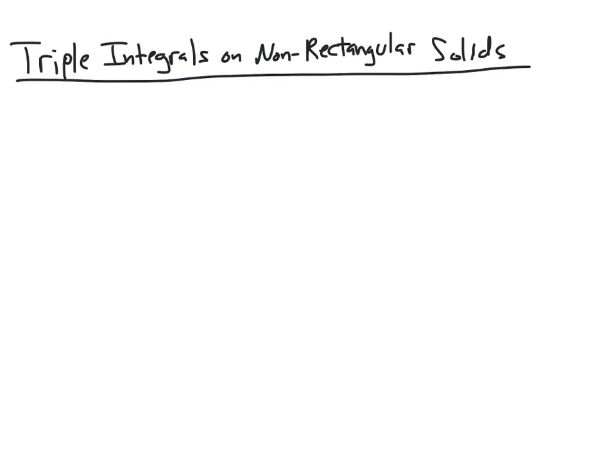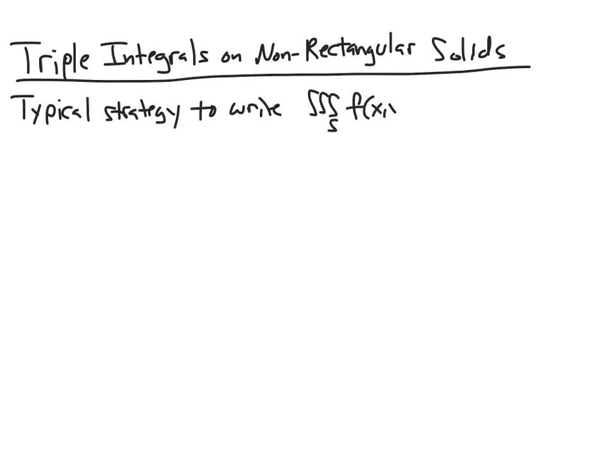In terms of how we go about actually computing a triple integral over a non-rectangular solid, there's no one way that always will work. It really depends on the region or on the solid itself. But I do want to talk quickly about a typical strategy to write our triple integral as an iterated integral.